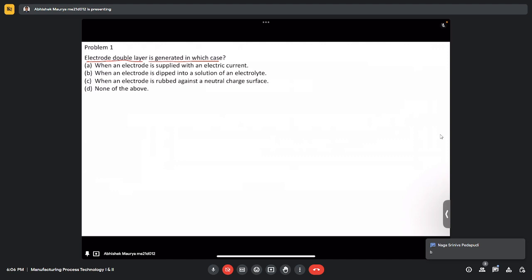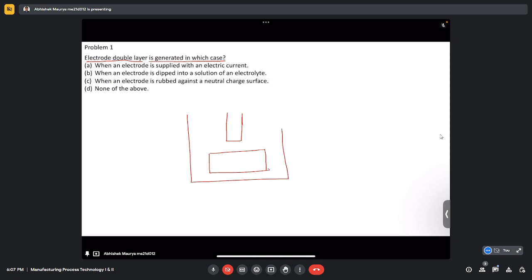Yes, correct. So here we are talking about the electrochemical machining process. In the electrochemical machining process, we have a tool and we have the workpiece, and everything is dipped in electrolyte.